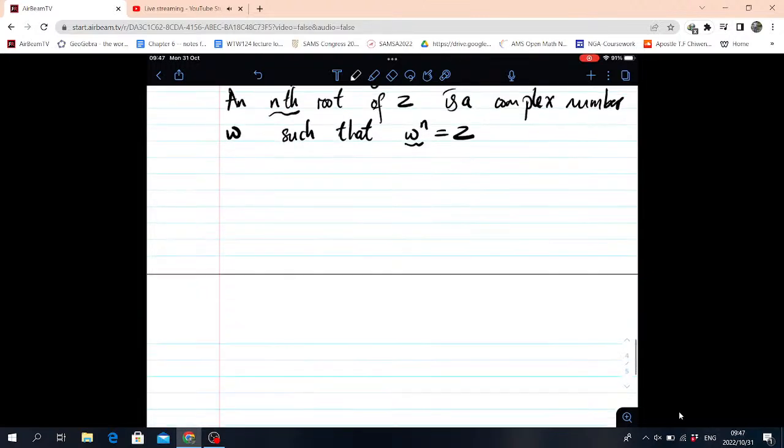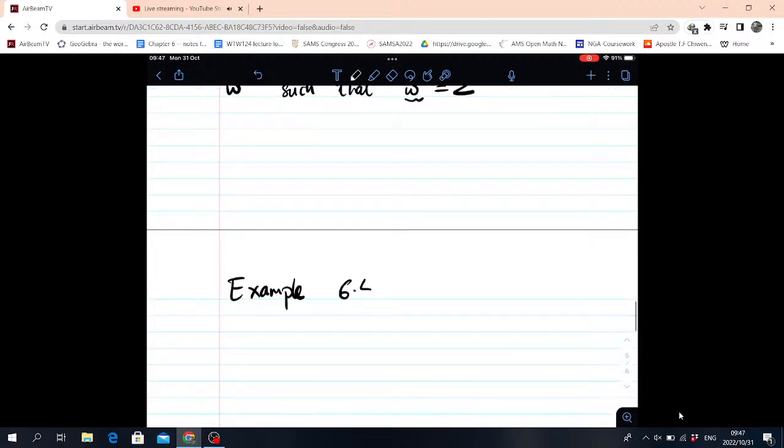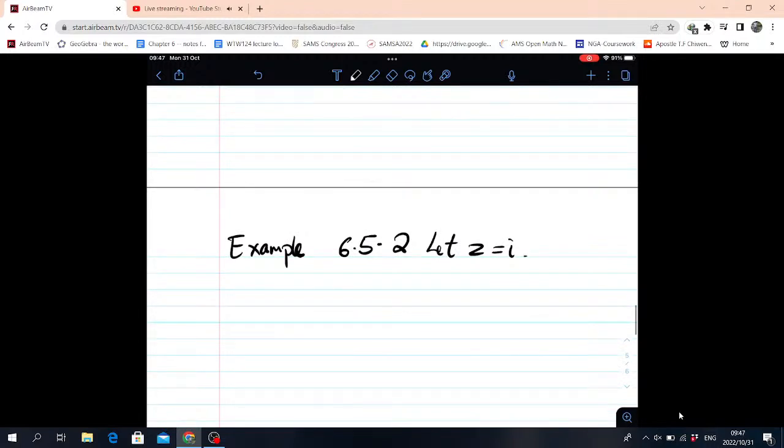So we've got an example in the textbook, example 6.5.2. It says, let z be the complex number i, and show that w, which is root 3 over 2 plus half i, is a cube root.